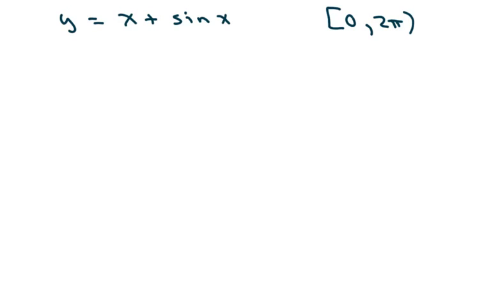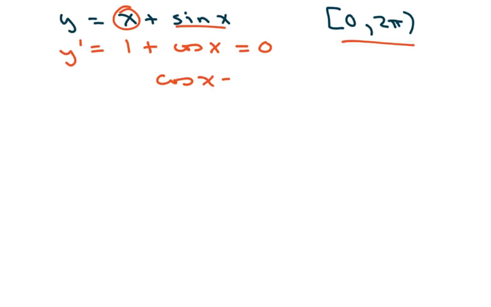The next one is the sine function. The domain is restricted from 0 to 2 pi. When you take the derivative of y, the derivative of x is 1, and the derivative of sine is cosine, so it's going to be 1 plus cosine of x. You set this to 0, so you get cosine of x equals negative 1.